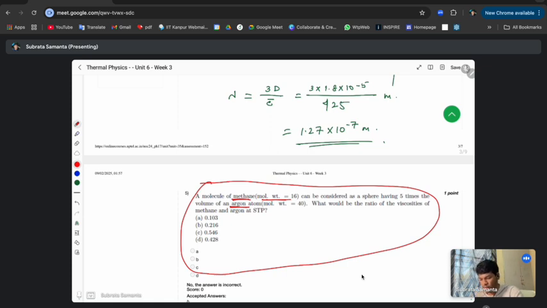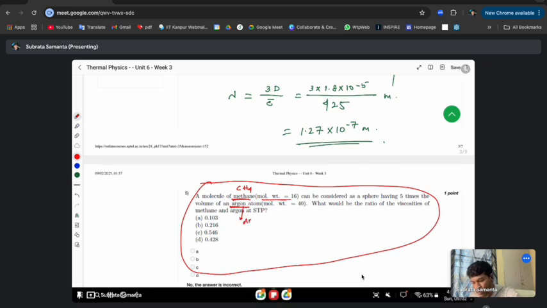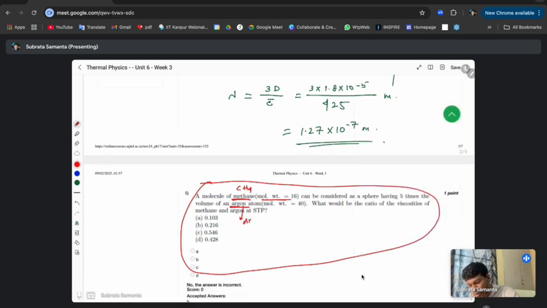What is the formula of methane? It is basically CH4, right? And argon is Ar, right? And the molecular weight is given. So one is 16, another is 40. What will be the ratio of the viscosities of methane and argon at STP? At STP, what is the ratio of the viscosities?